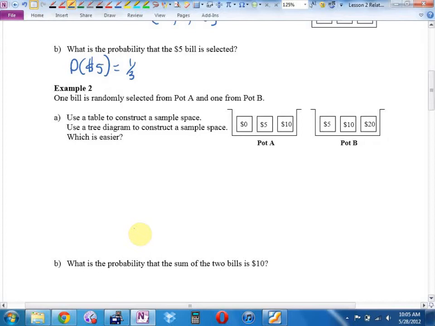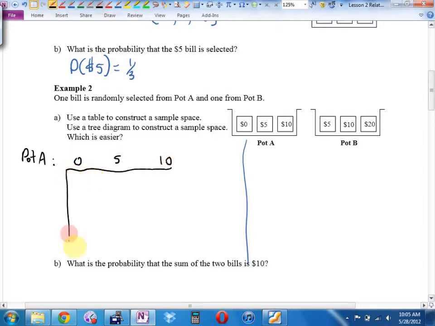Okay. If I was doing a table, draw the line down the middle, we do a table over here. Pot A can be a 0, a 5, or a 10. I draw kind of an L-shaped line like that. Over here I would put pot B, which can be a 5, a 10, or a 20.